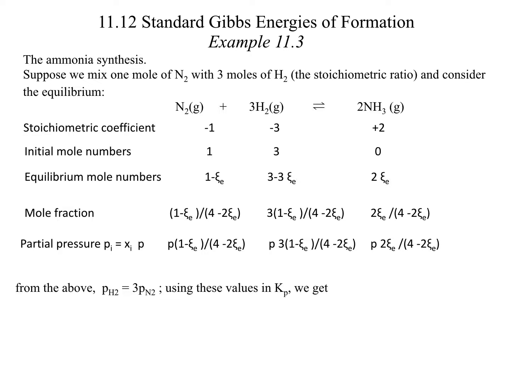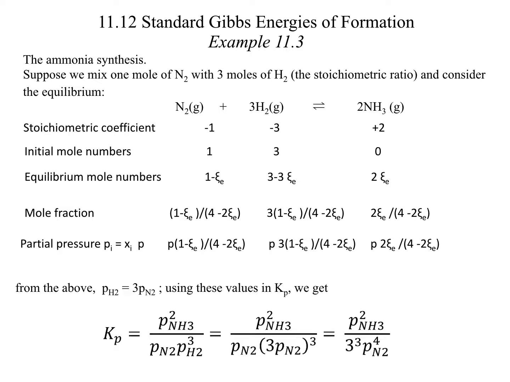Now what is important to see here as you look at these numbers very carefully, in the last row you will immediately recognize that the pressure of hydrogen is equal to 3 times the pressure of nitrogen. This is quite useful in the next step, where we write the Kp. Kp is pressure of ammonia squared divided by the pressure of nitrogen multiplied by the pressure of hydrogen cubed.